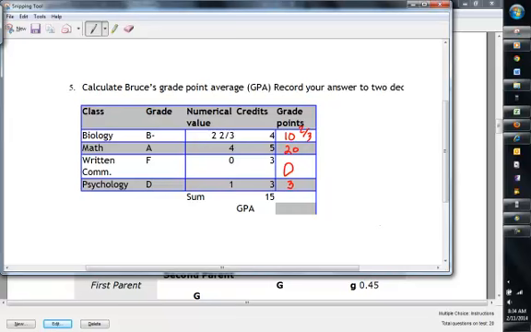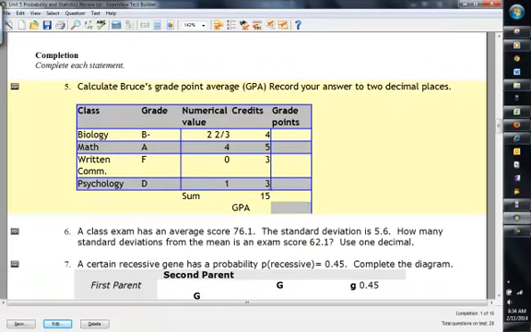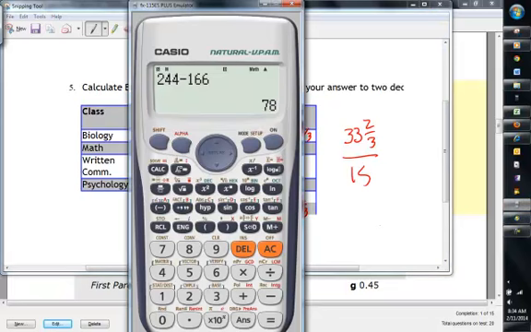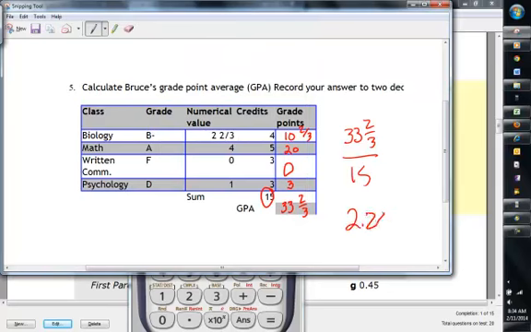Add those up, you get 33 2/3. Add up the credits is 15. 33 2/3 divided by 15 is 2.24. All right, next one.